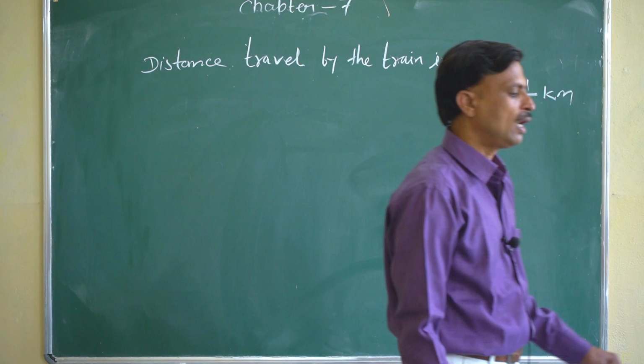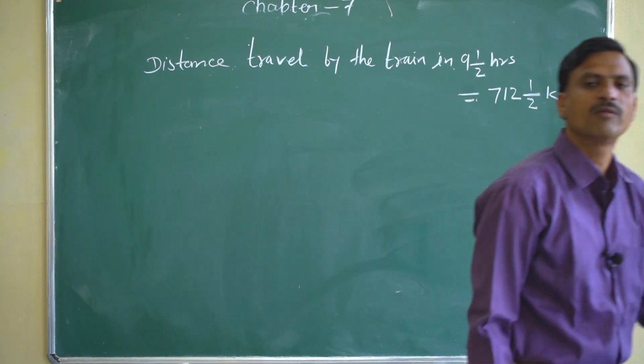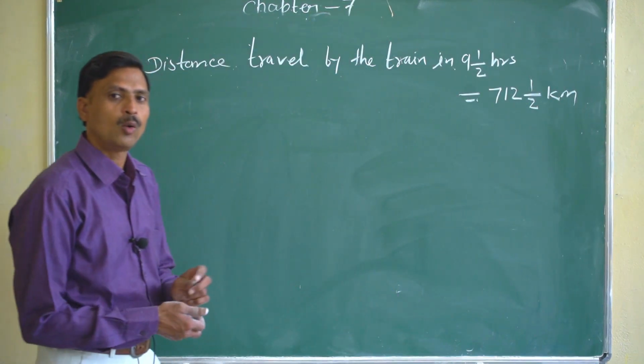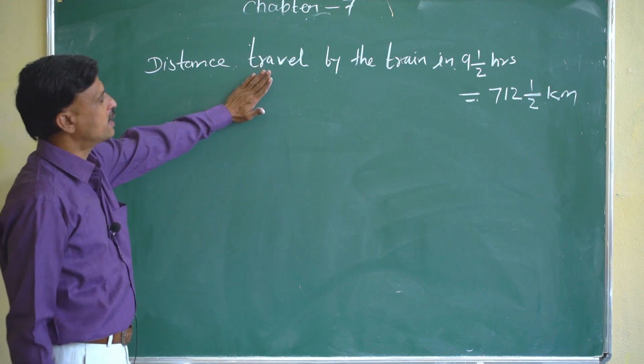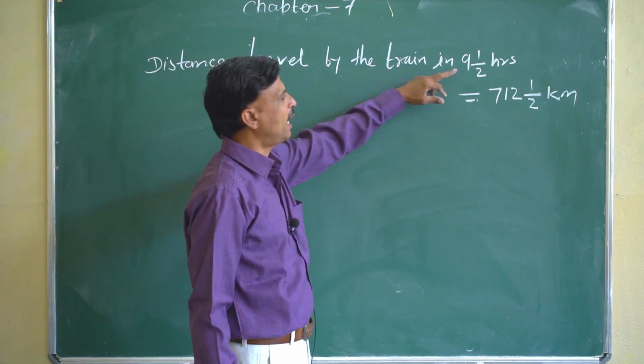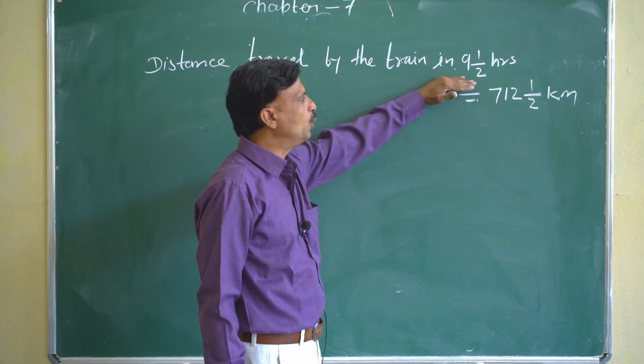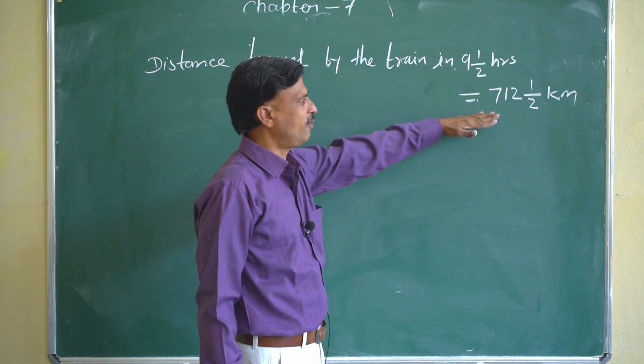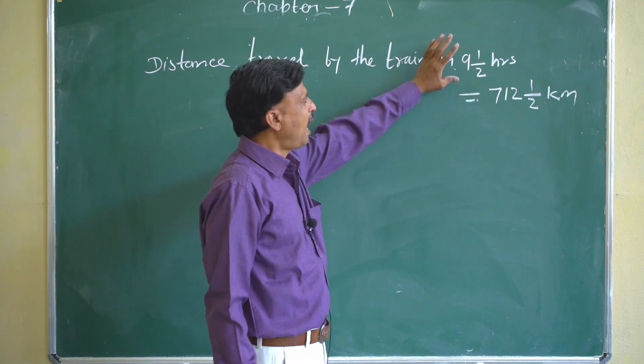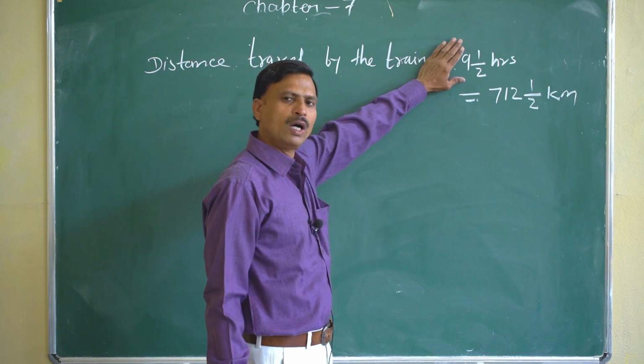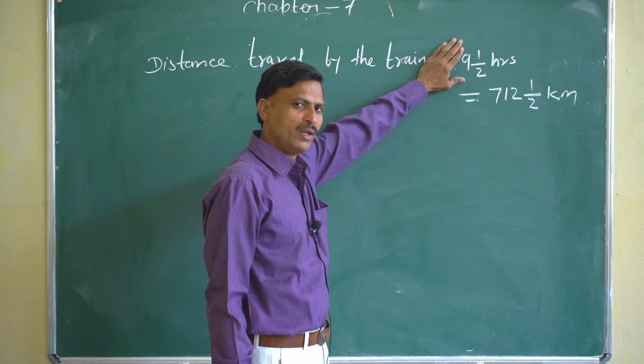Now in 1 hour how much distance the train will cover, right? Now here the distance traveled by the train in 9.5 hours means for more hours is given, that is 712.5 kilometer, and for less hours, for 1 hour, we want to find out. So what we have to do?